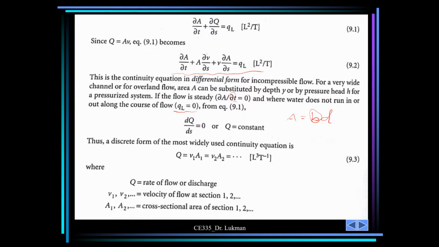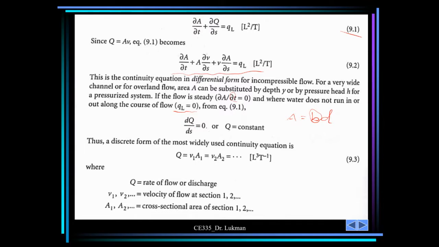We can now simplify the equation again, which is 9.1. In this case, dQ equals 0 or Q equals constant, because Q will become constant for steady flow. The flow rate remains the same. It doesn't change with distance. So Q1 equals Q2.